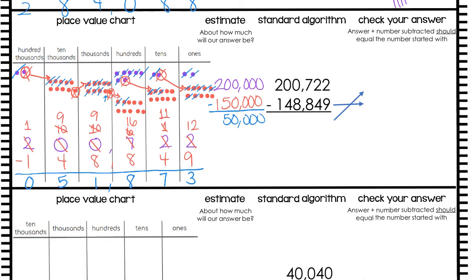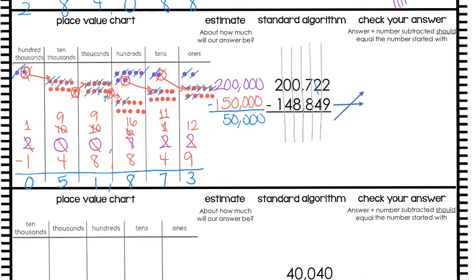Now let's go to standard algorithm. All right, now on to standard algorithm. We're starting in the ones place. Can we take 2 minus 9? Nope, if we only have 2, we have to regroup one from the tens.